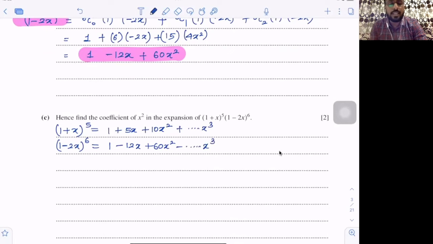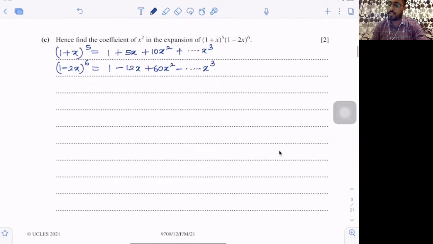So I don't need this term of x cube, right, students? Because the sub question says you want to find the coefficient of x square. So you need to just get the term of x square. You don't want to go beyond the term of x square. That means the first three terms in both the expansions are more than enough to get the coefficient of x square. So I'm simply now going to multiply these two.